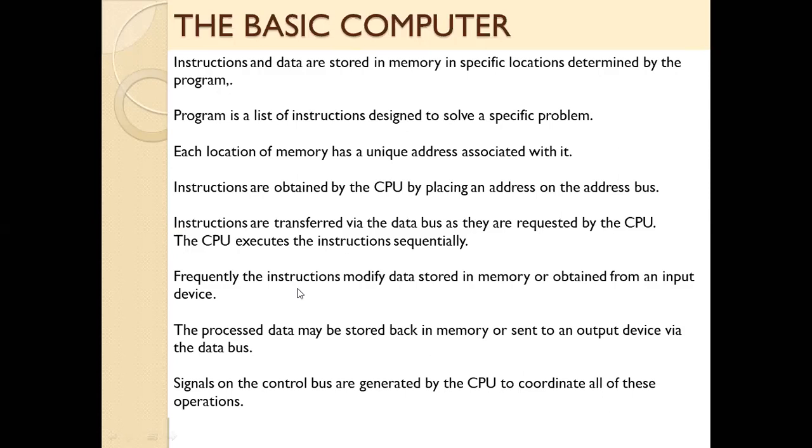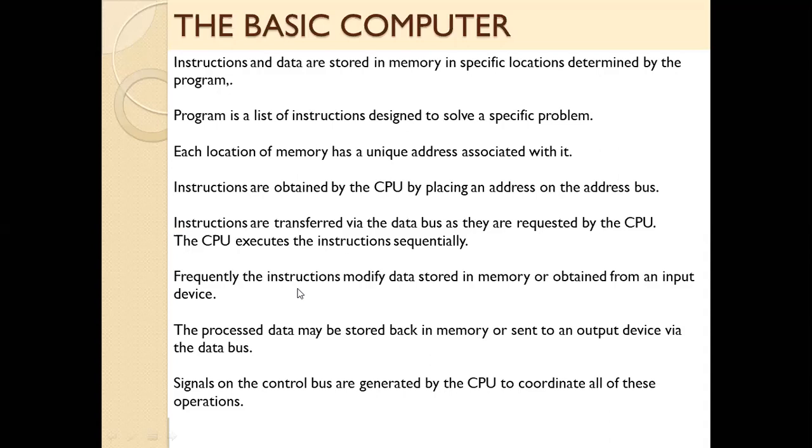When an instruction comes to the central processing unit, the central processing unit executes that instruction, and if it is a program, inside the program there would be a number of instructions, the central processing unit will execute those instructions in a certain sequence, and that sequence will solve any problem.